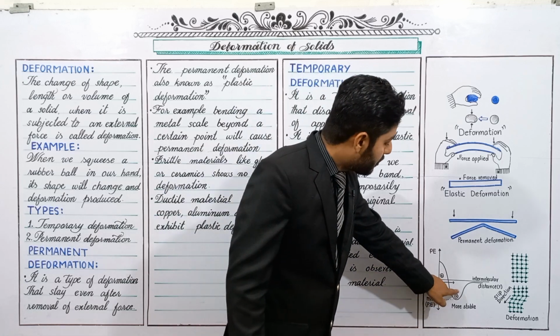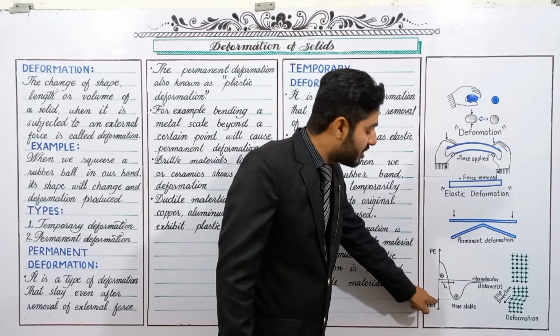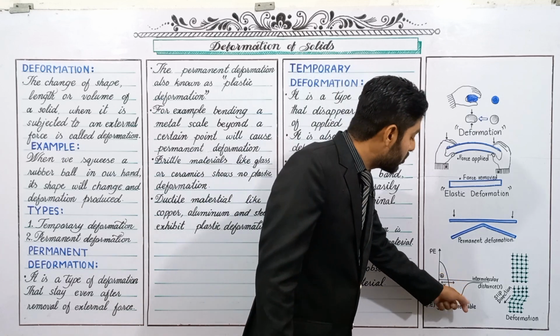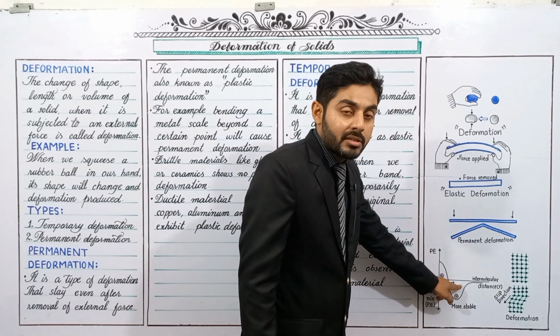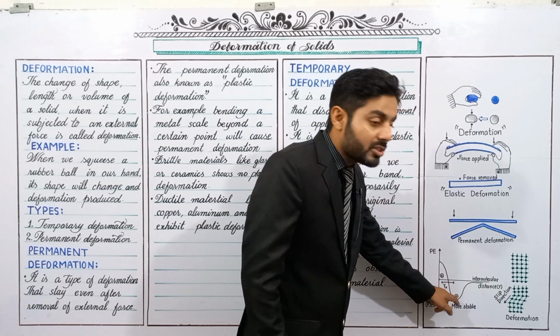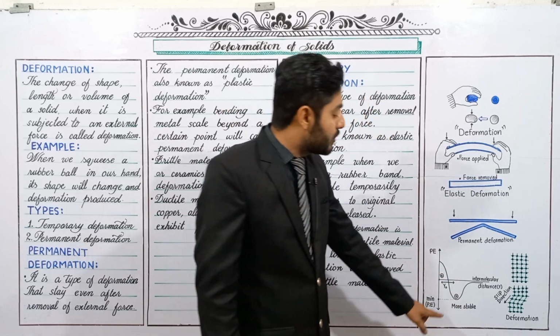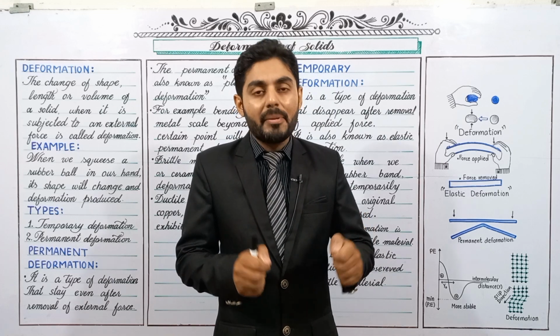So in this position, the particle is at the lowest energy state, minimum potential energy. When we apply the force, this position is disturbed. The potential energy increases. So when we remove the force, the body will regain its original position by decreasing its potential energy. So again it will come to its original position, but within certain limits.